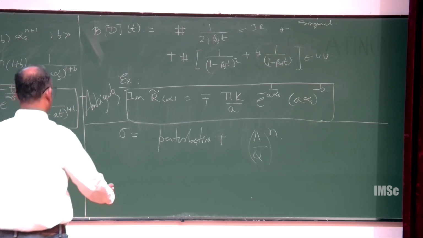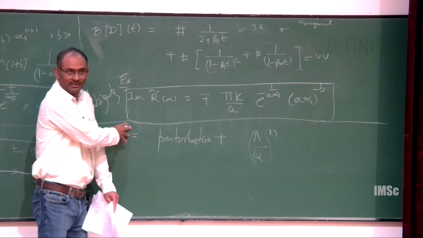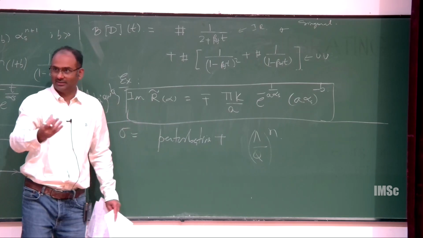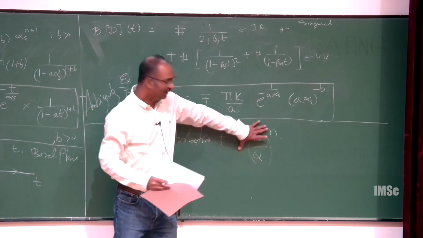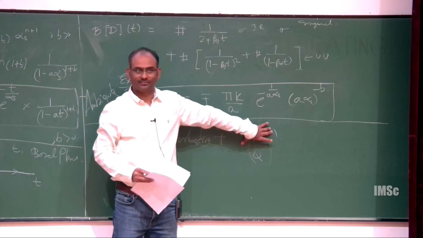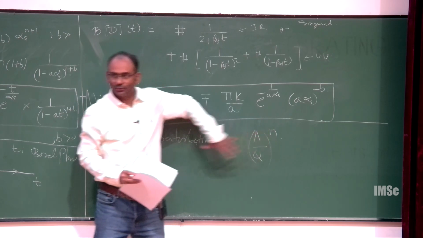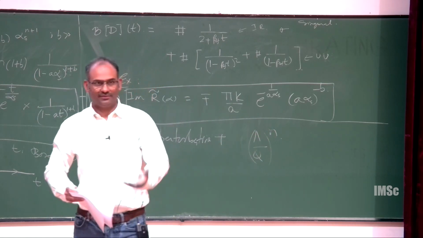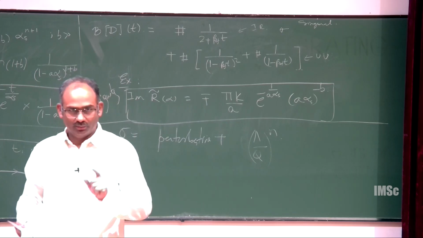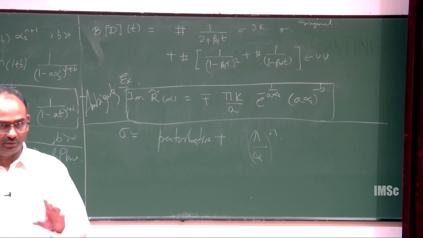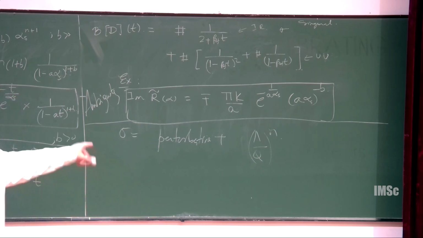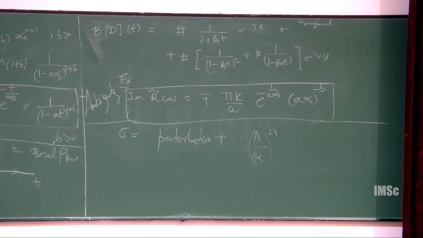But your sigma is non-ambiguous, it's an observable, it has to have one answer, it cannot have 2 answers or 10 answers. So this part will also be ambiguous, and the ambiguities between the two will cancel to give you a well-defined answer. Which then means summing up the entire series is giving you a handle on the non-perturbative effects.